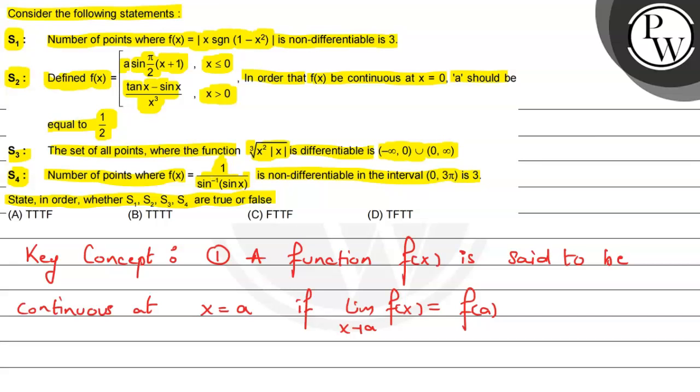Statement S2 says that here we have a function and it is said to be continuous. We need to get the value of a for which the function will be continuous.